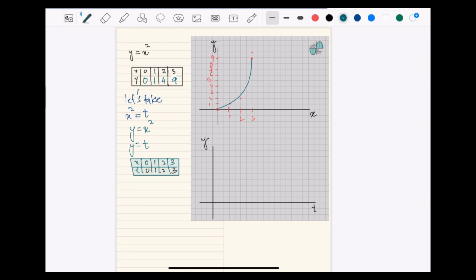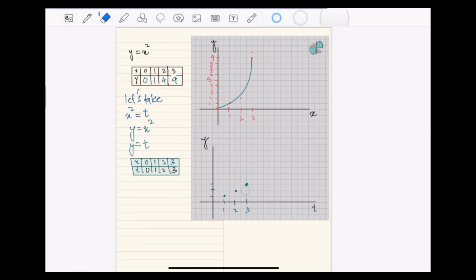If I plot the same values on the same grid, I'll see that the behavior looks like a straight line. If I draw that line, it will pass through 0, 0 and may look like this.